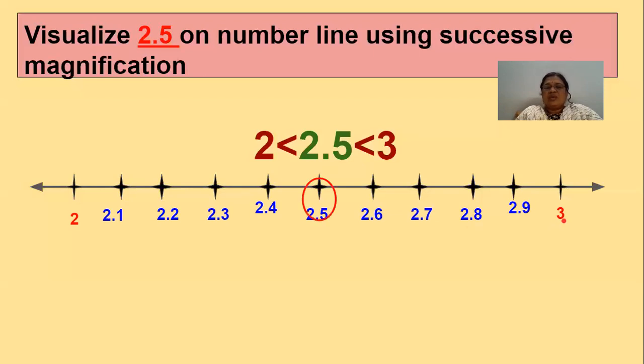So we can easily find out where this 2.5 locates. See here, this is 2.5. So we can visualize this 2.5 through the magnification, like we have separated 2 and 3 into 10 equal parts, and we have marked the points as such, and we have located the 2.5.